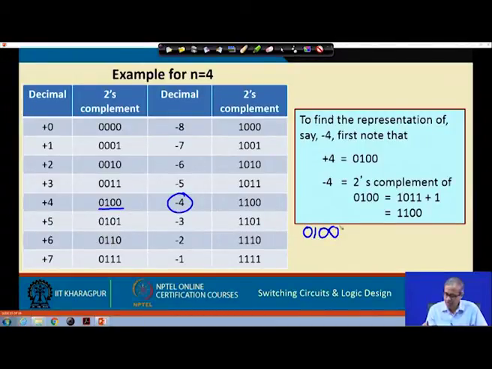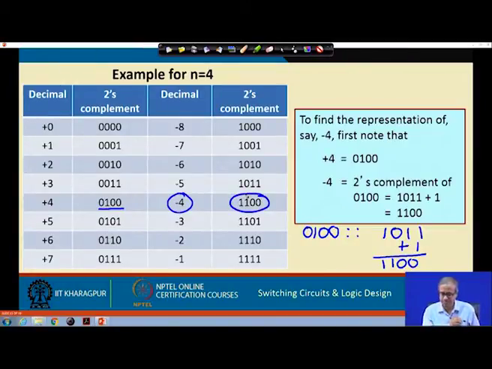You first take the 1's complement. 1's complement means you flip the bits, 1 0 1 1. 1 0 1 1 means what in decimal, 8 plus 2 plus 1, 11. You add 1 to it. We shall be talking about rules of addition later. If you add 1 to it, it will become 12, 12 is 1 1 0 0. So, 1 1 0 0 will be the representation of minus 4. Right.